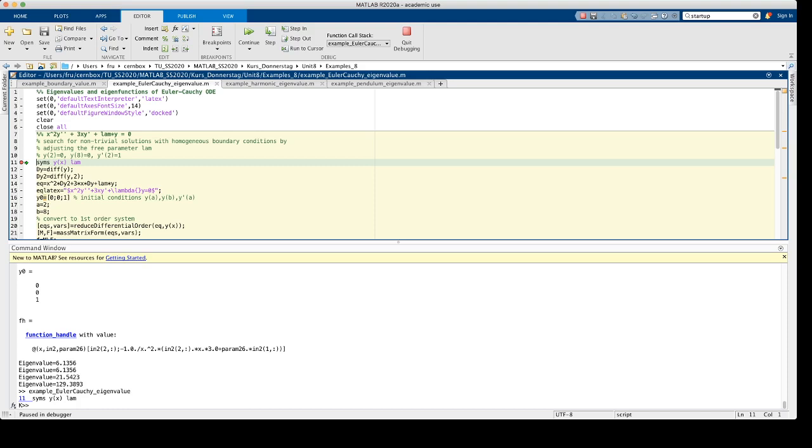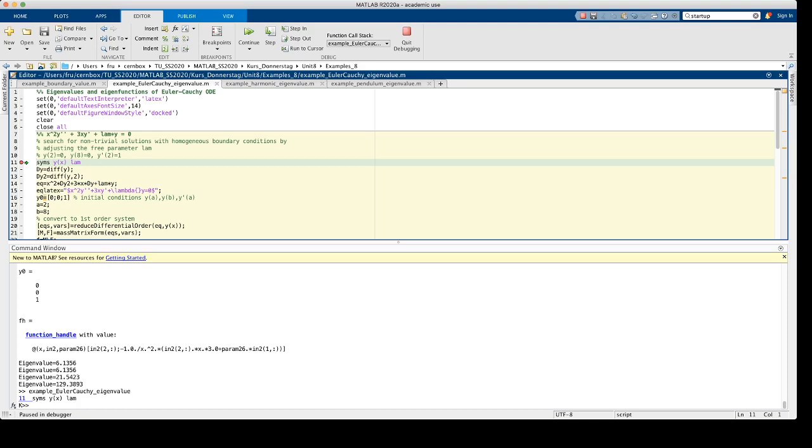So y prime at 2 is equal to 1. These are the three boundary conditions the solution has to fulfill. The adjusted value of the free parameter is called an eigenvalue of this ODE, and the solution to this eigenvalue is called an eigenfunction.